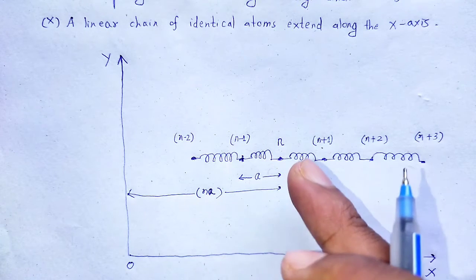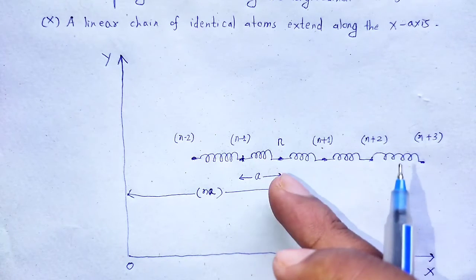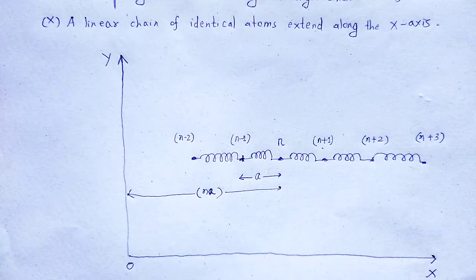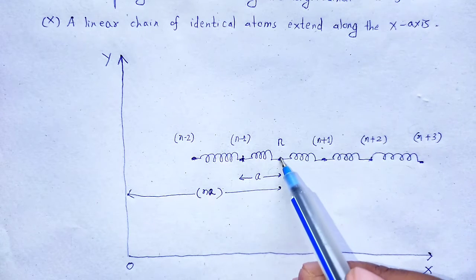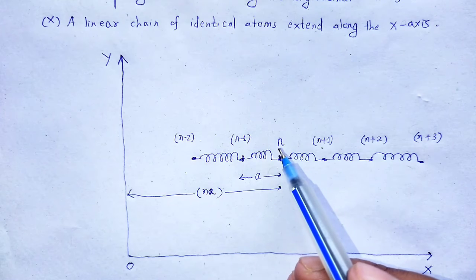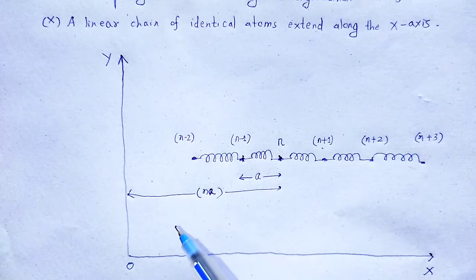At the nth position we have the nth atom. At the mean position, the distance of the nth atom from the origin is Na.